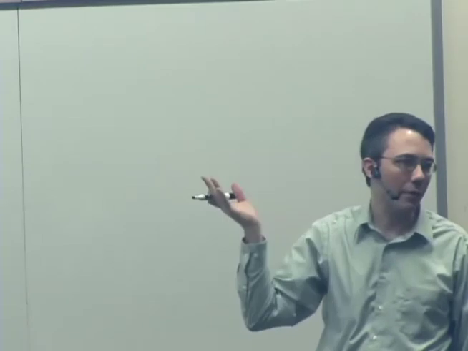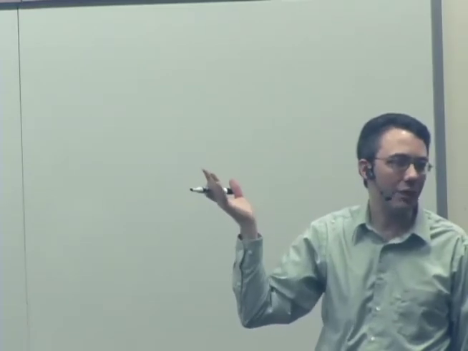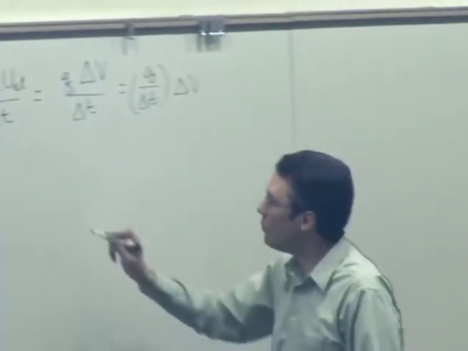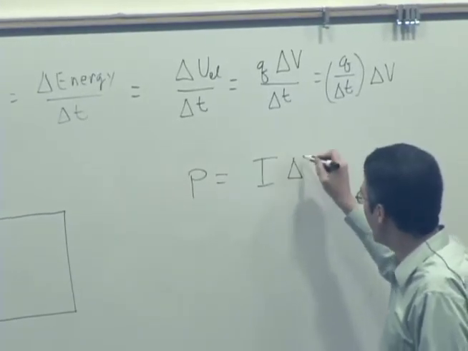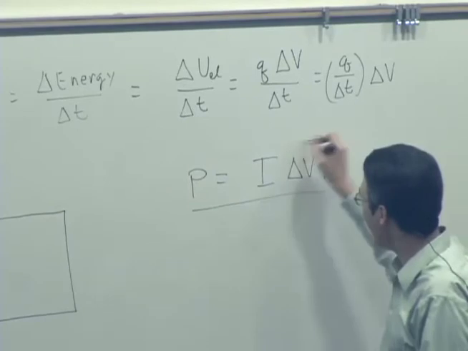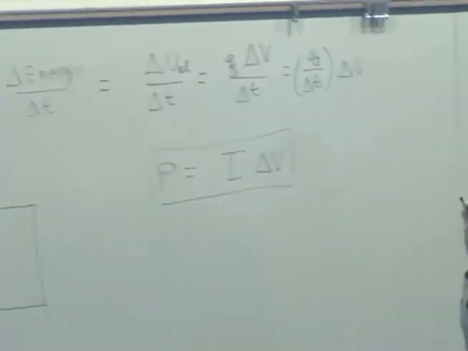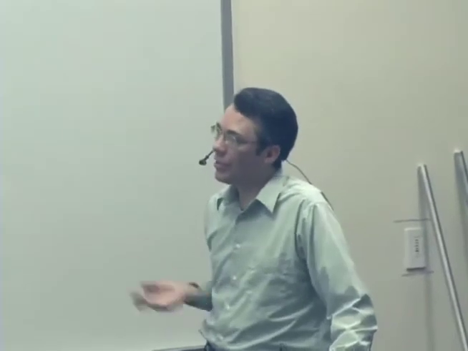Coulombs per second is what? That's current, conventional current, right? So power we can write as conventional current times delta V. And this is just a general formula for power delivered to electric elements in a circuit, okay?